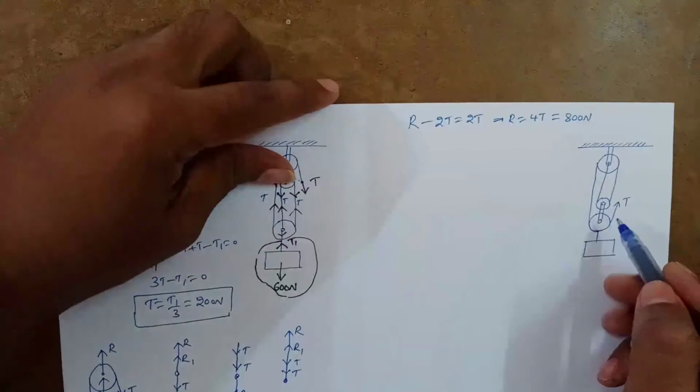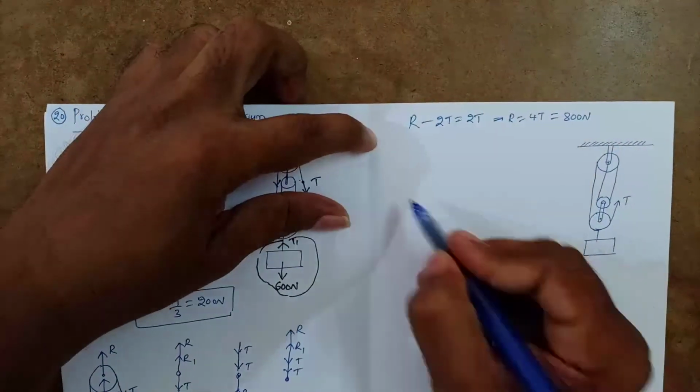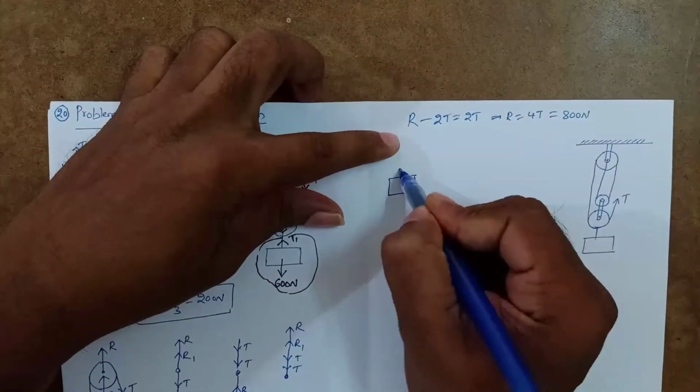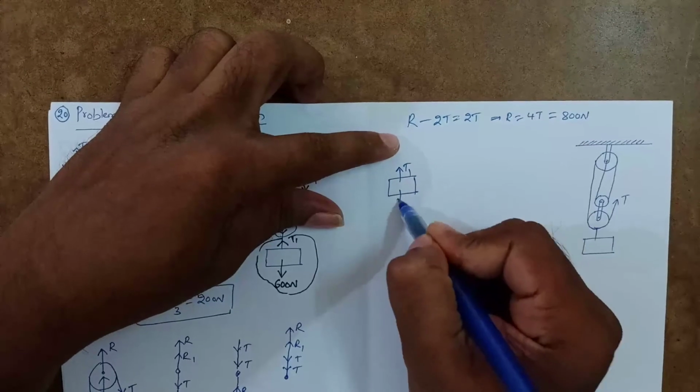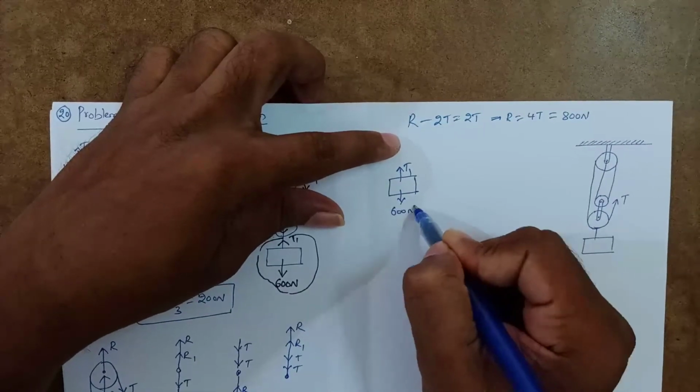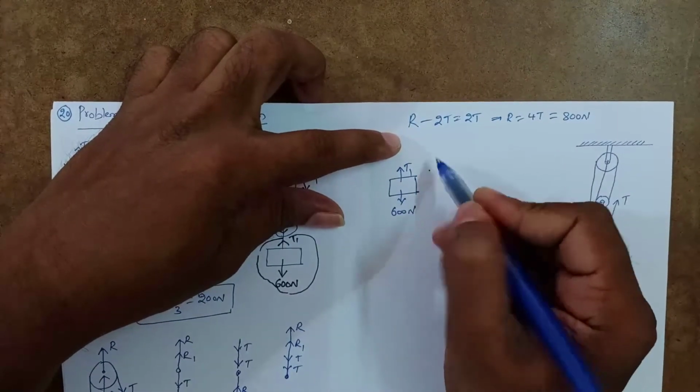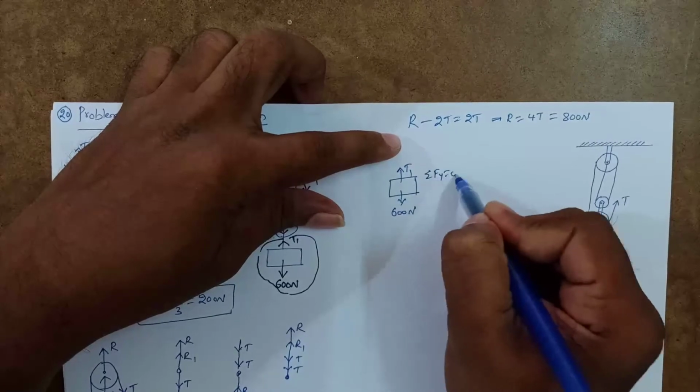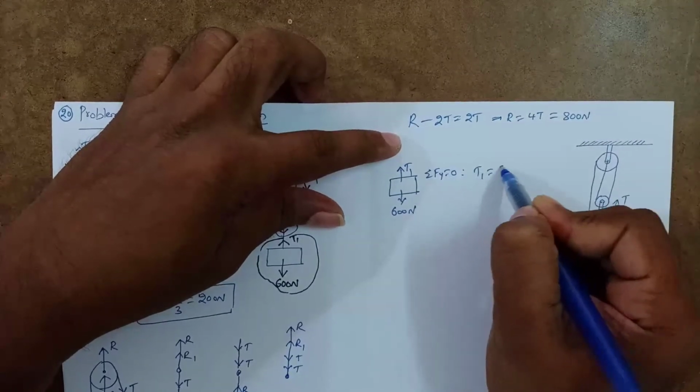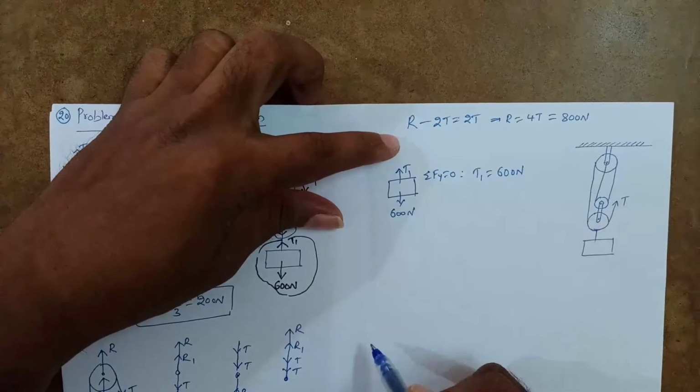Again, create the free body diagram, which is the same, say T1 and this is 600 Newton. Applying sigma Fy equal to 0, we'll get T1 is equal to 600 Newton.